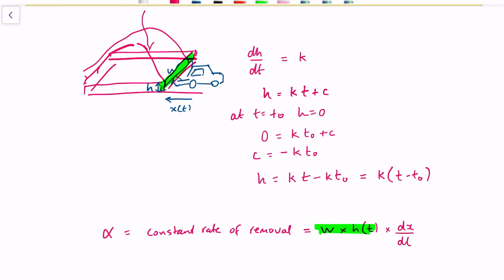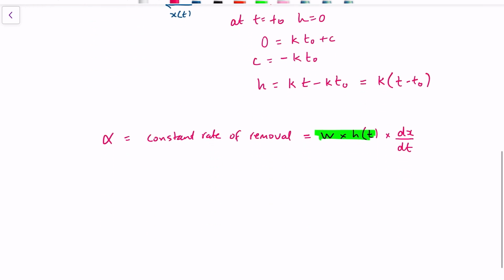Because of course, if it's travelling faster, it's going to be removing more snow, so it's proportional to it. So we've got a differential equation here that we can model the speed of the snowplow with.